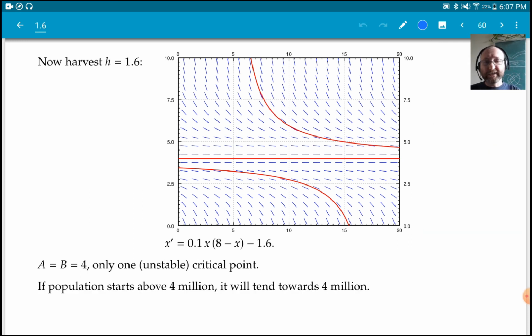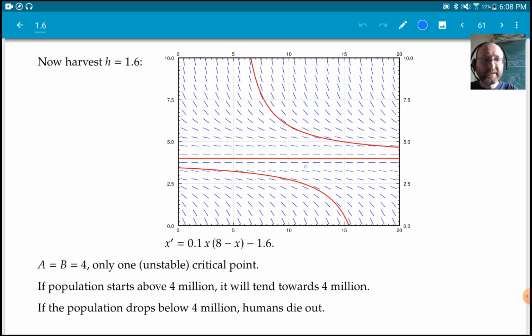And so we get that if the population starts above 4, then it will tend toward 4 million, right? You get these sort of solutions, right? And it will just get closer and closer to 4 million, right? If we start below, then you just keep going down until you reach 0, right? So again, this has a problem, right?